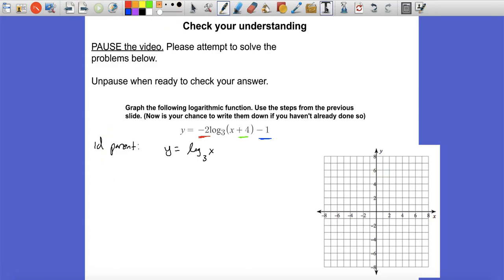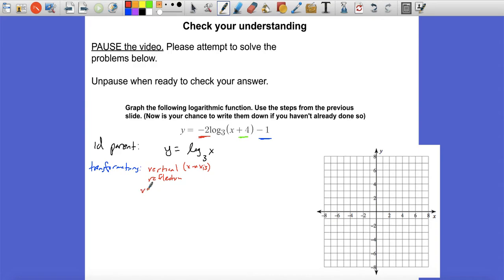All right, let's identify our transformations now. We've got two transformations with the negative and the 2. Remember, we have a vertical reflection, also called an x-axis reflection. That's from the fact that it's negative.